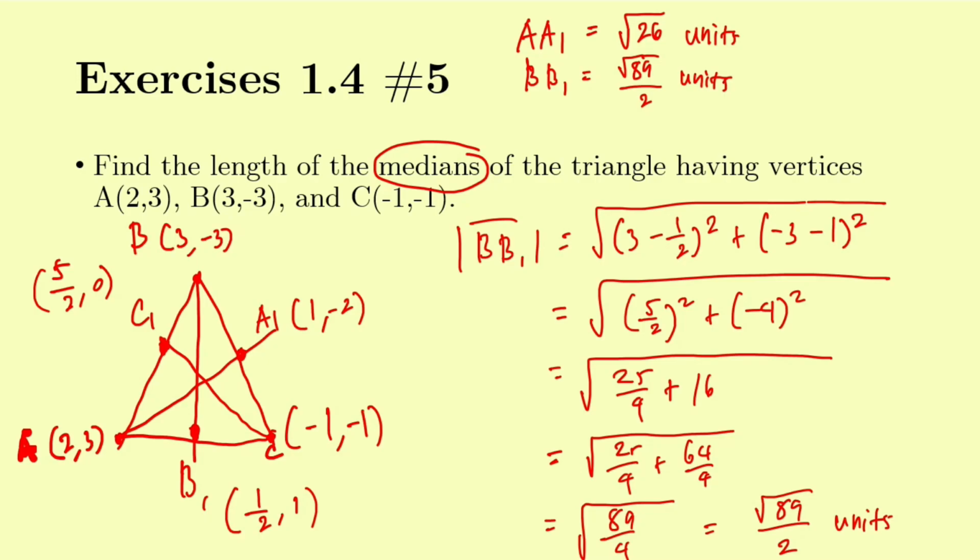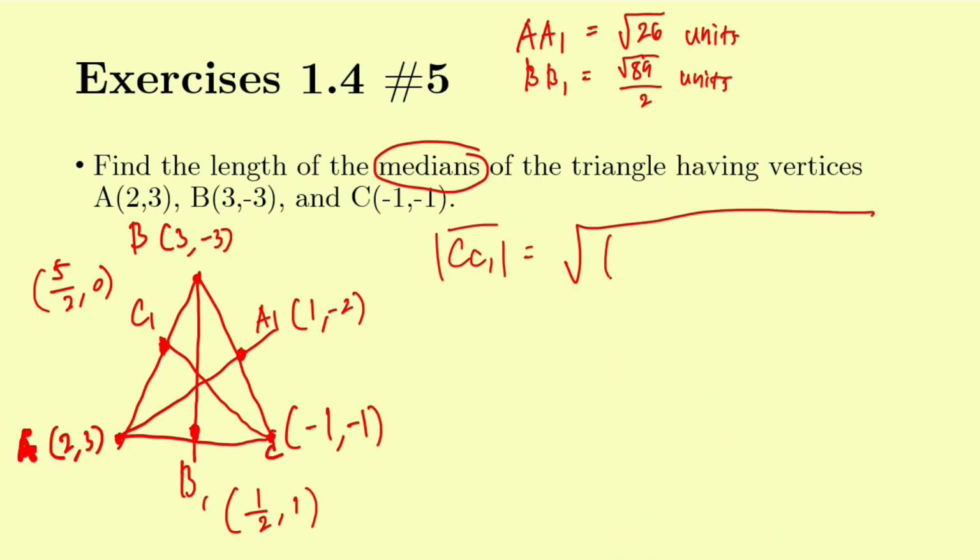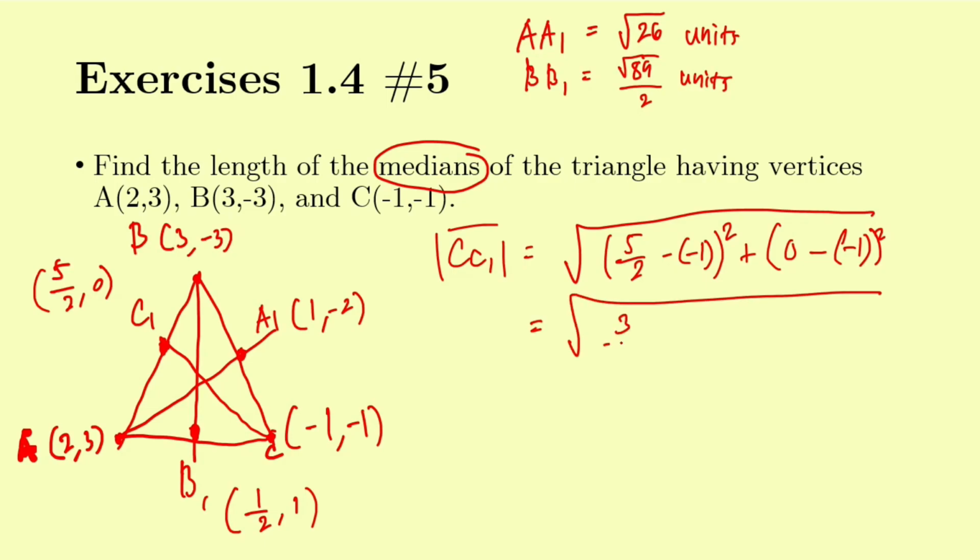Okay, next, for c and c sub 1, that's going to be square root of 5 halves minus negative 1 squared plus 0 minus negative 1 squared. That is equal to 3 halves. Oh, wait. No. It's going to add. So 5 halves plus 1, so 7 halves squared plus 1 squared.